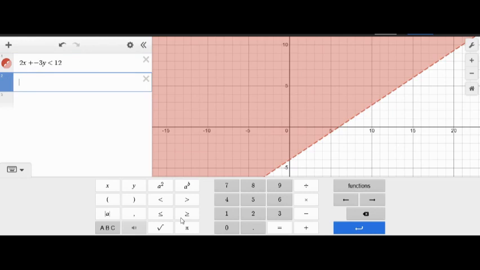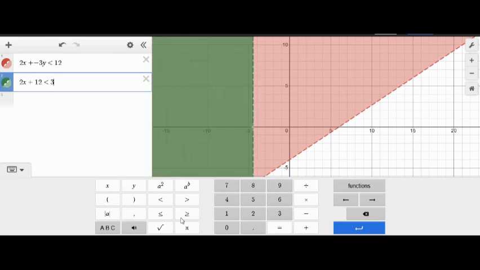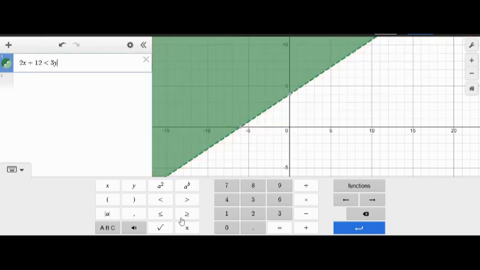So let's say I had 2x minus 12 is less than 3y. So we would think less than, it would be under. Get rid of that first one. I have a less than, so I would think with less than, it would be underneath.